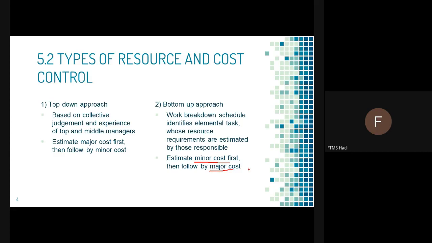It's the same triangle: top-down is like this, and bottom-up is going up. Okay, see that.